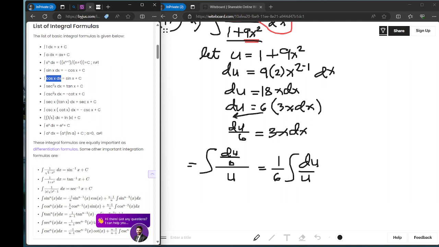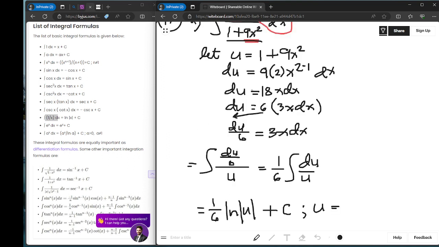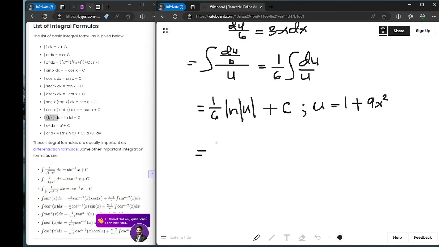That is ln of the absolute value of u. So that's 1 over 6 ln of absolute value of u plus c. Remember that u is equal to 1 plus 9x squared. Our answer is then 1 over 6 ln of 1 plus 9x squared plus c.